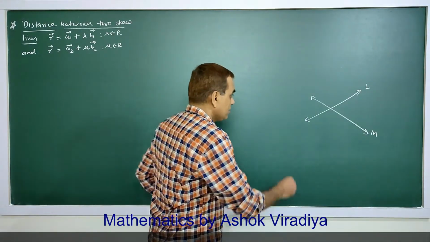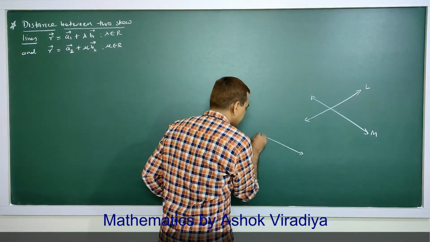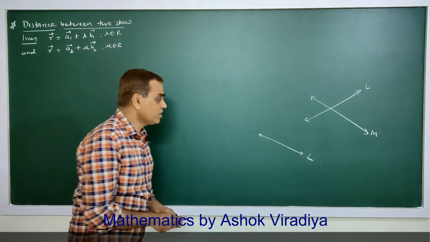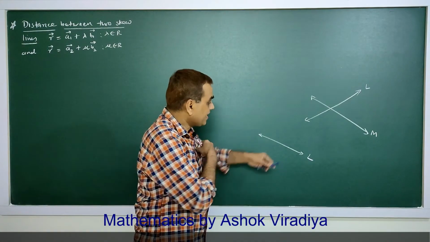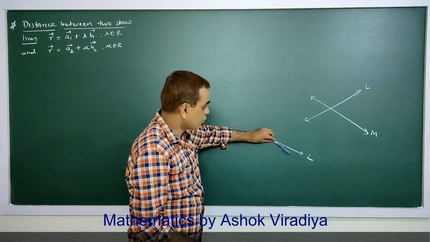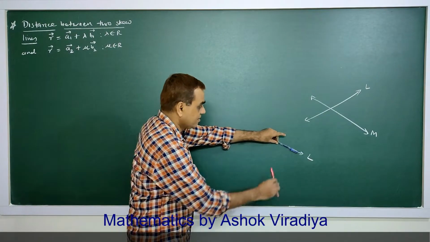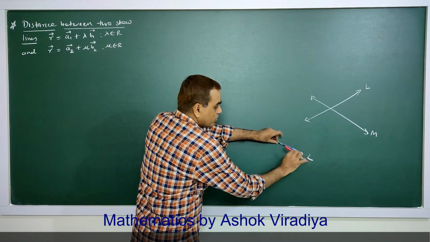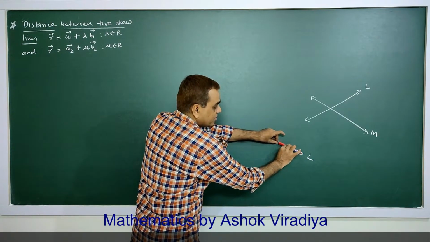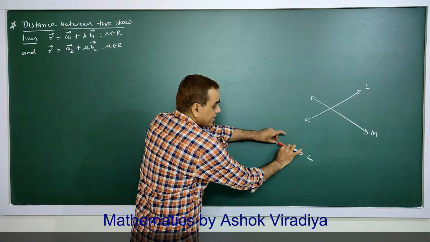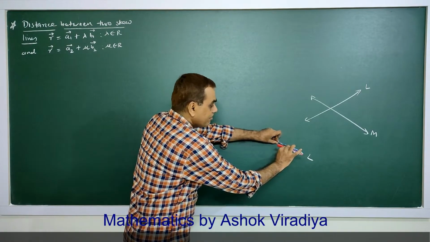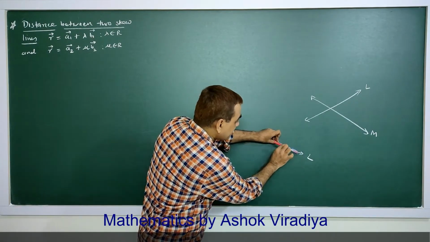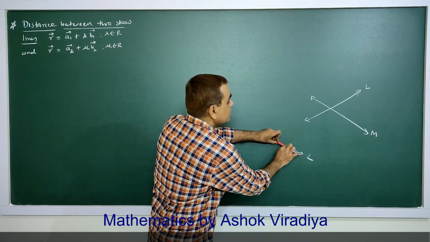If I draw, suppose this line is L, and if I take another line exactly parallel to this line, showing by this pen, line L and line M. I have taken both lines in contact of each other. Now see, this second pen I am removing from this surface in such a way that it remains parallel to this blue pen.